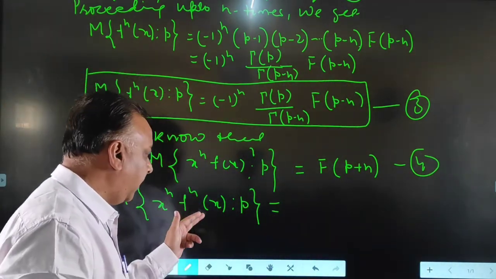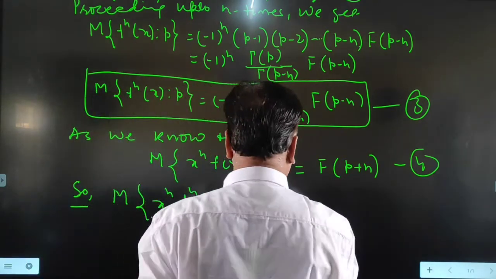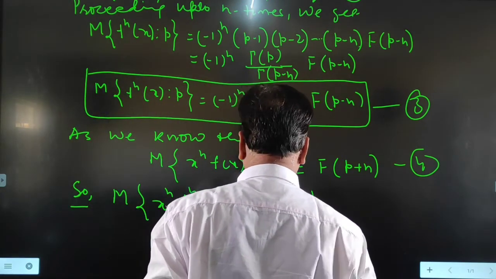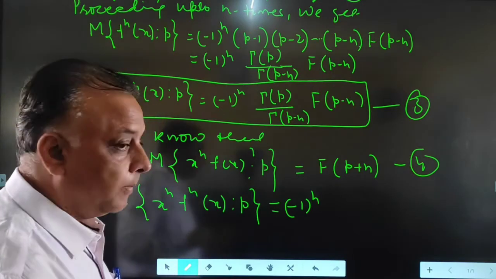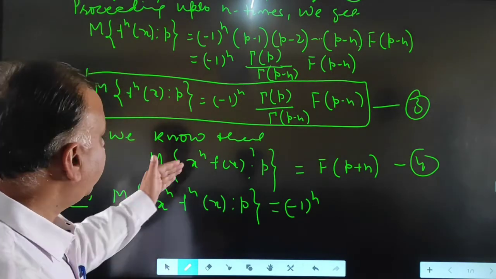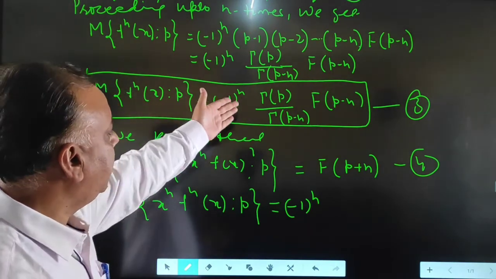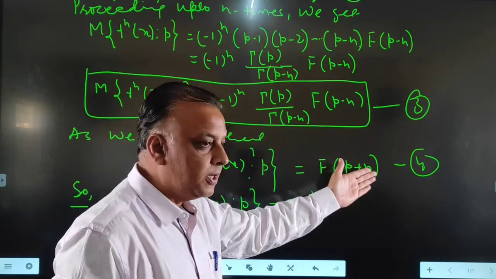the Mellin transform of x raised to n f^n(x) is equal to (minus 1) raised to n, with x raised to n f(x). This is gamma of p. Here p is replaced by p plus n.